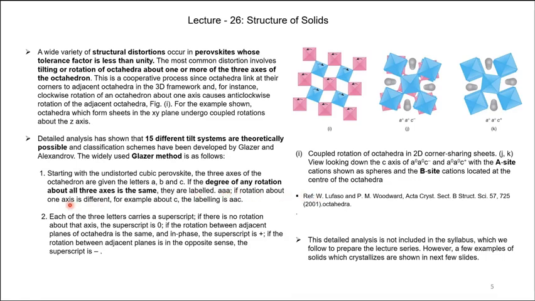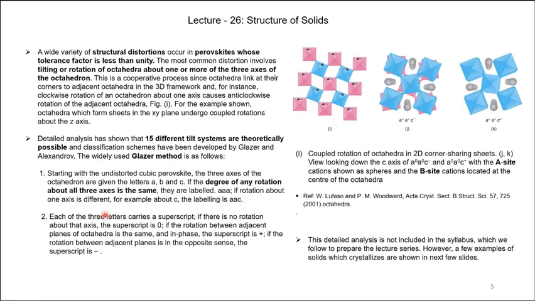But if rotation about one of the axes is different, for example in C, we call it AAC.